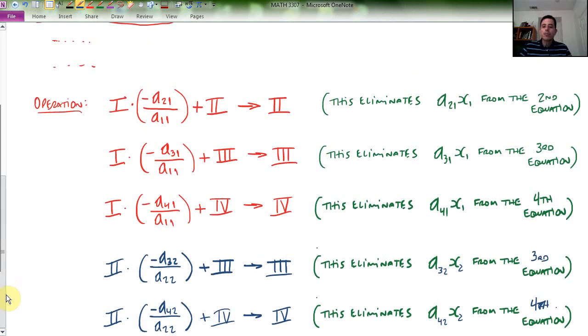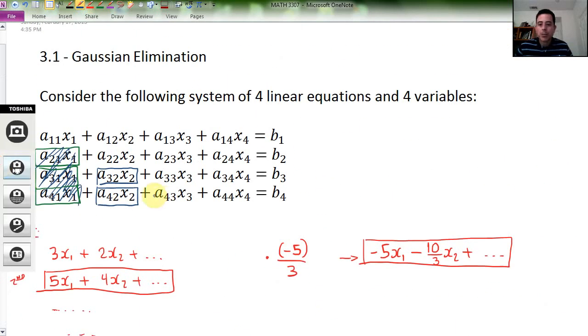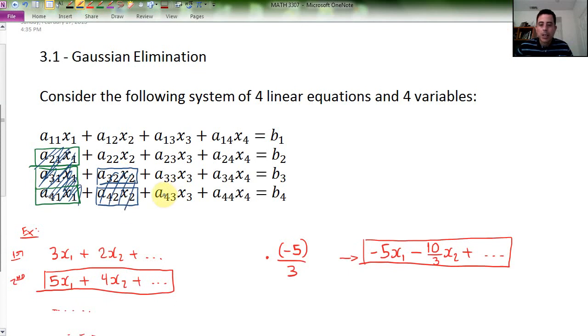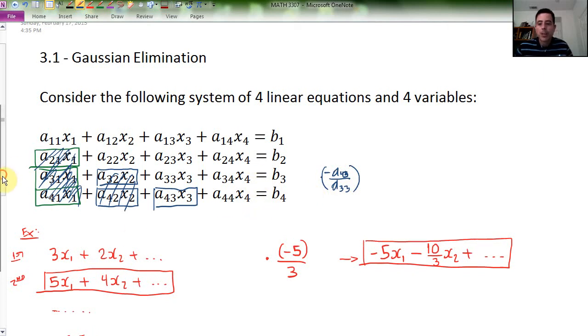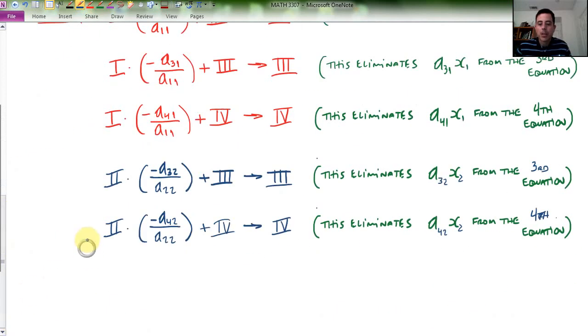Okay. So that's the idea. And then again, now that this is eliminated, then to eliminate this guy here, we'll work with the third equation. We multiply by the reciprocal of a33 and then opposite of a43. Okay, multiply by that and add to the fourth equation. So that's the very last operation.